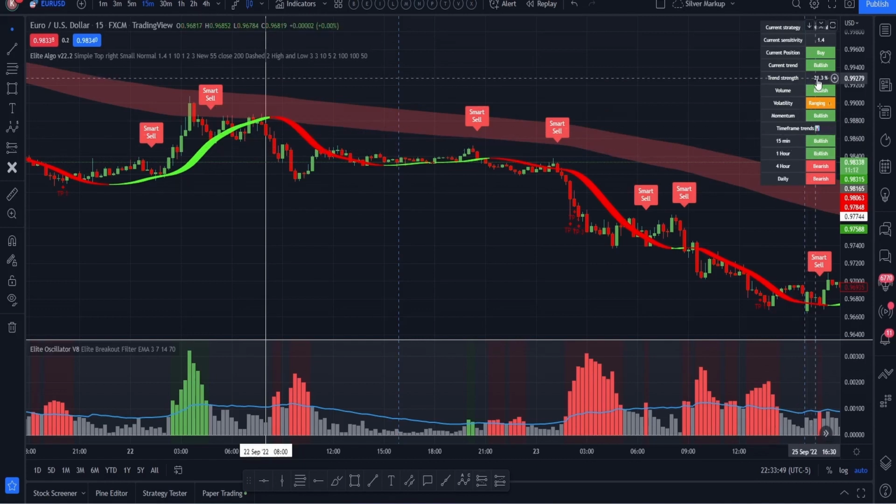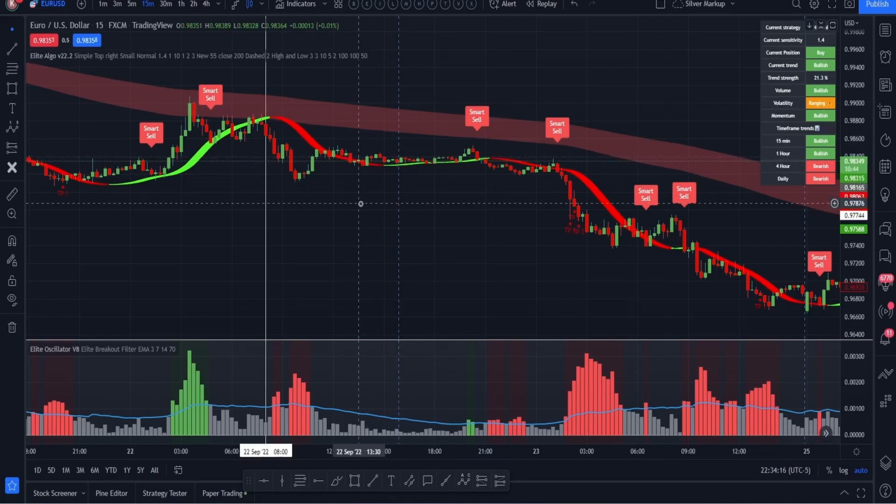And you'll want the trend strength to be above 40%, because if it's below 40%, most likely the market is consolidating and not moving in a great manner. So you're not going to get the best accuracy on your trades, or at least the trades are not going to be as clean when the trend is weak.